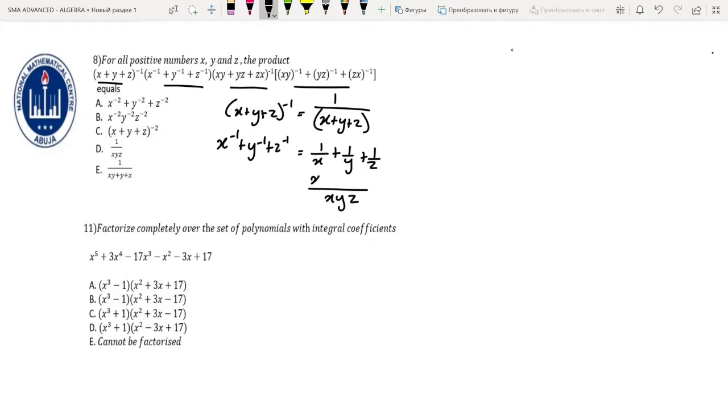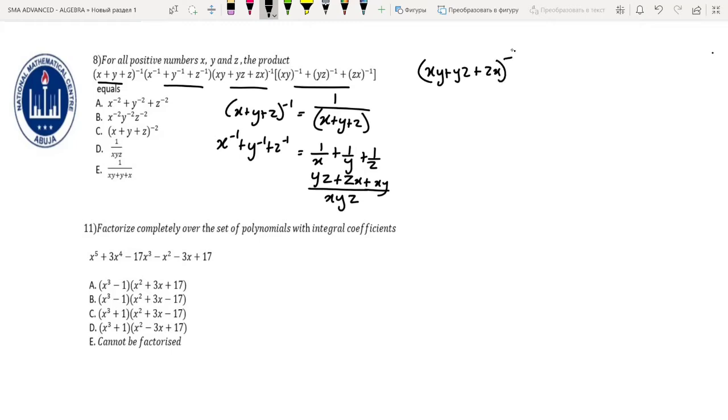So that gives us yz plus xy plus zx. So actually, it doesn't really matter the order I wrote it, but I just wanted to do this because that's how it's arranged.